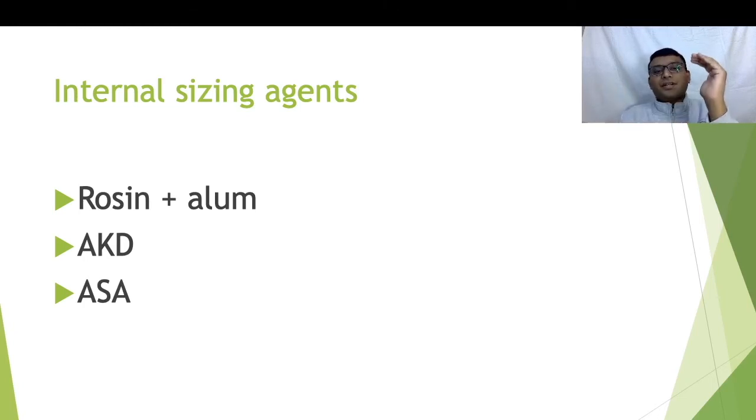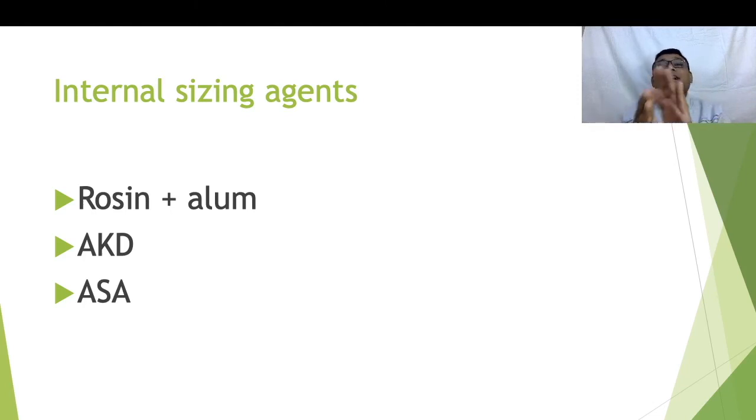Each of these sizing agents has its own set of advantages and disadvantages. But one needs to work out depending on what paper is produced. Different companies use different sizing agents, but in any one paper company, if a company is using, for example, AKD, they will not use rosin and alum, and they will not use ASA.